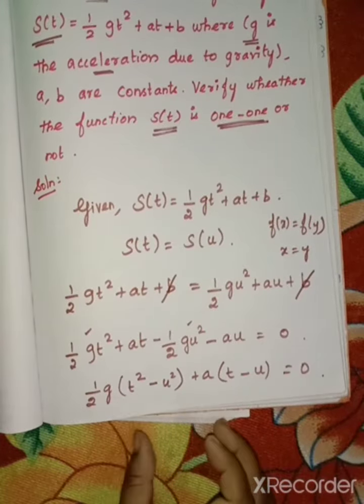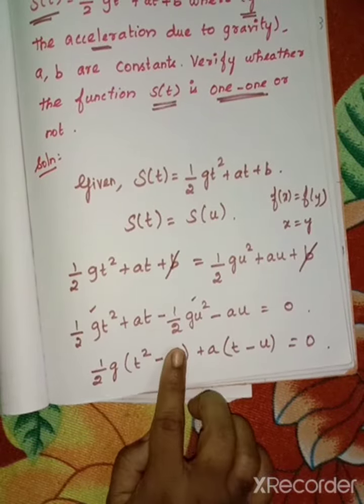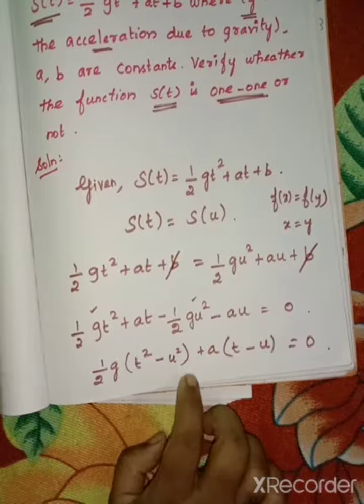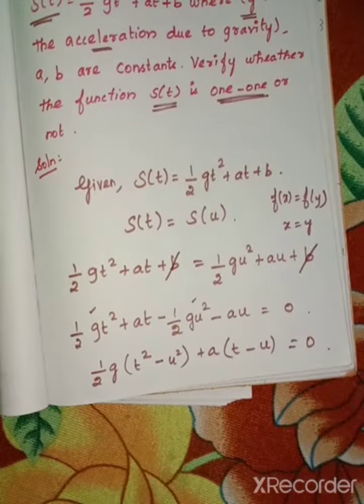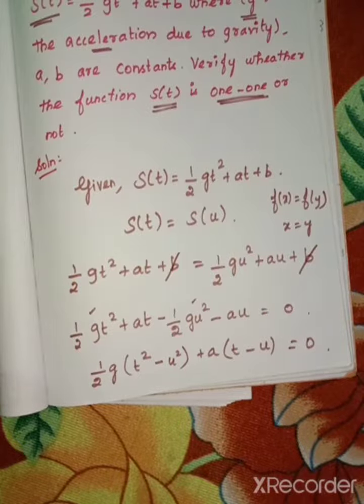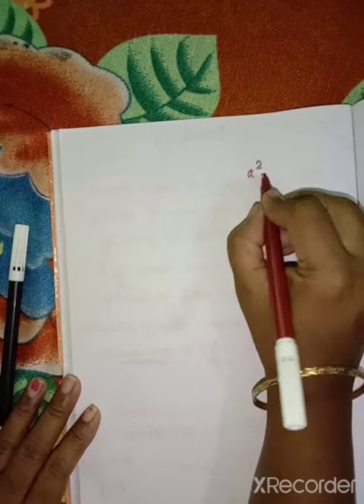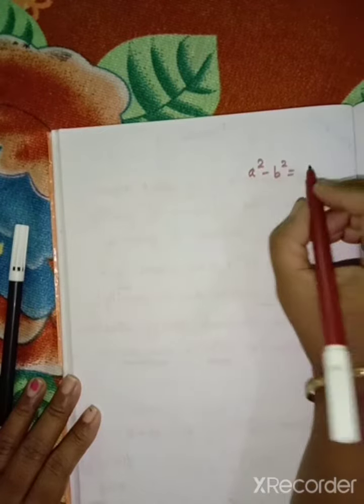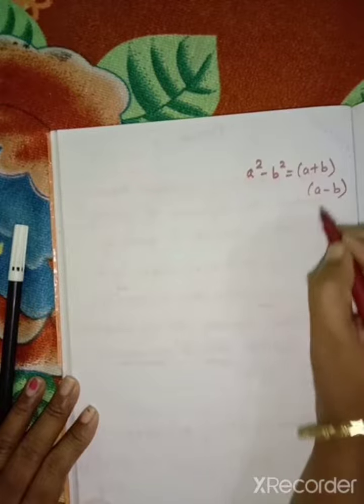From here, we have t squared minus u squared. We know this is an algebraic identity, a squared minus b squared. The formula is a squared minus b squared equals a plus b into a minus b.